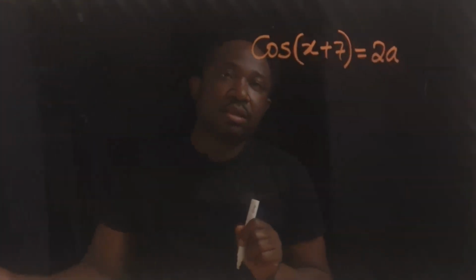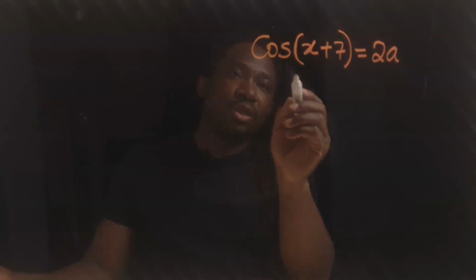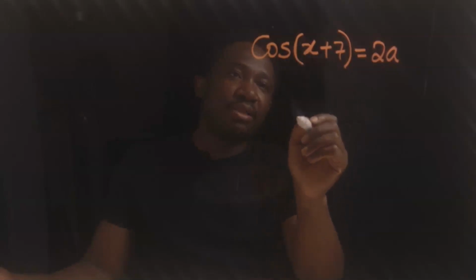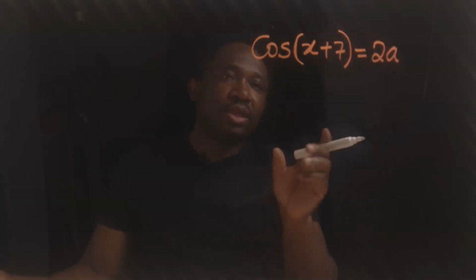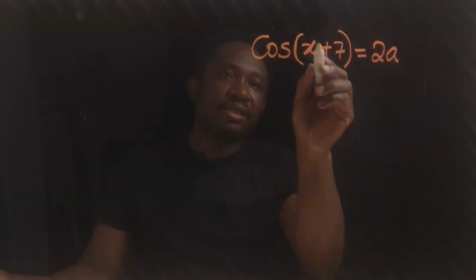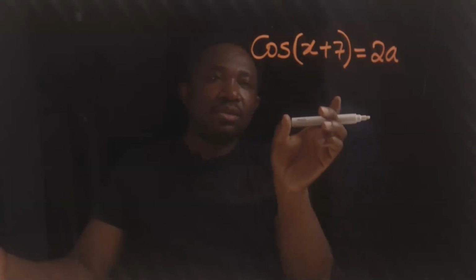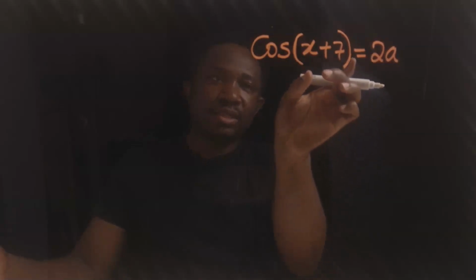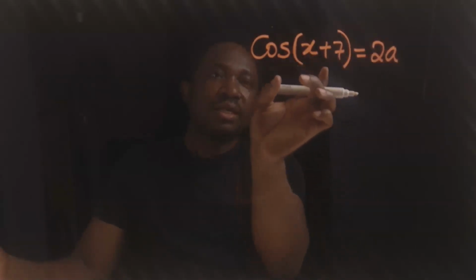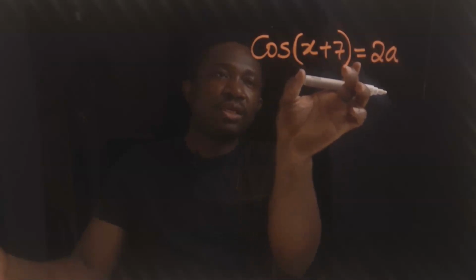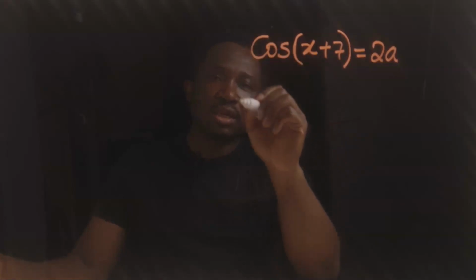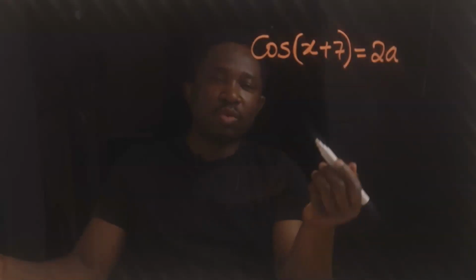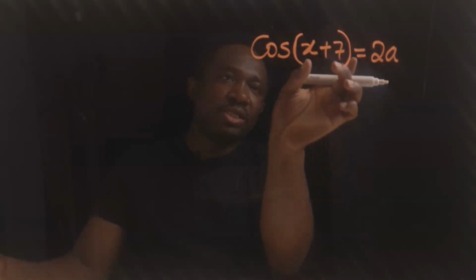Next, let's consider cos of x plus 7 in bracket is equal to 2a. Here we want to make x the subject. To make x the subject here, cosine is enclosing x plus 7. Hence, we're going to take this cos across the equal sign to release x plus 7.